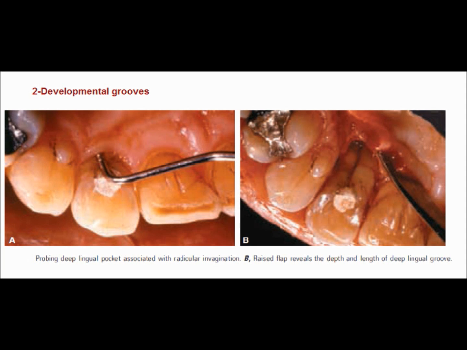Number two, developmental grooves. They are present mostly on the palatal surface of the maxillary lateral incisor. This groove extends apically, therefore causing localized periodontitis and bone loss along the root surface.